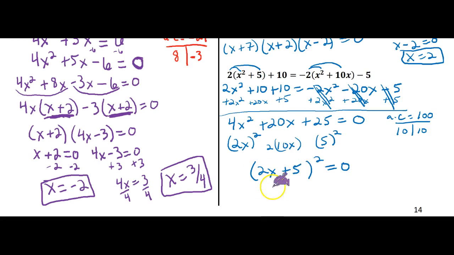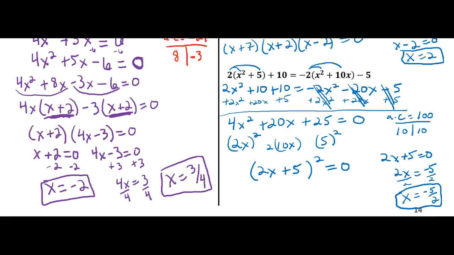It's the same factor times itself. So I only have to solve it once. 2x plus 5 equals 0. I would subtract 5 from both sides and then divide by 2. And x equals negative 5/2. And if I did it again, I would get the exact same answer. So I don't need to do it twice.